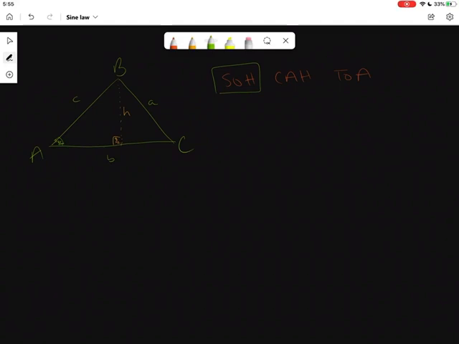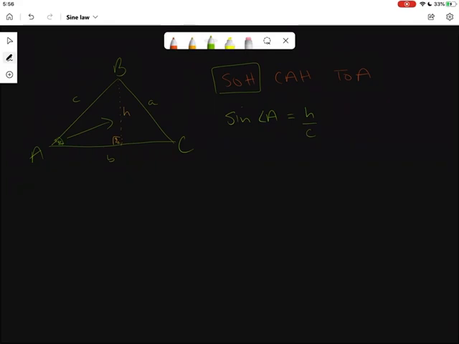If I take the sine of angle A, it should equal my opposite length, which in this case is H, over my hypotenuse, which is C. And so that's me on the left-hand side of this triangle. That's where I see that right triangle.